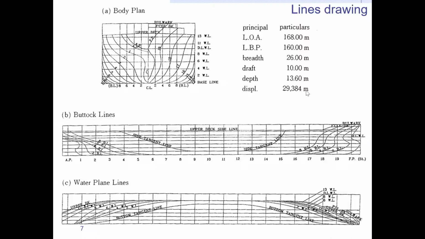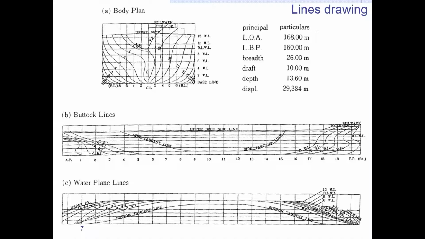And displacement is the capacity, the volume of the inner hull, inside of the outer skin. But this is only up to the displacement draft line, not the whole depth up to 13.6. It is only for the 10 meter draft line.